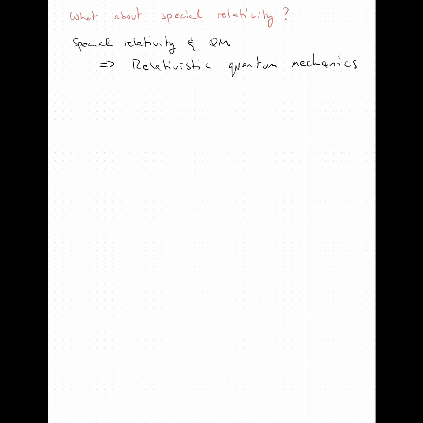When you combine special relativity with quantum mechanics, you get something called relativistic quantum mechanics. Just to give you a really brief introduction, without going to any depth, you have the energy taking into account relativistic effects. For instance, energy is given by the square root of p squared c squared plus m squared c to the power 4.